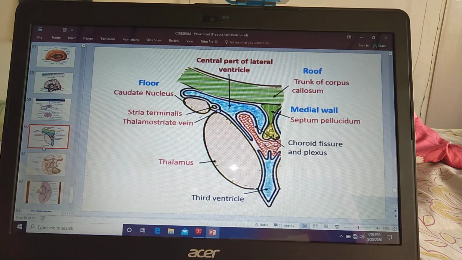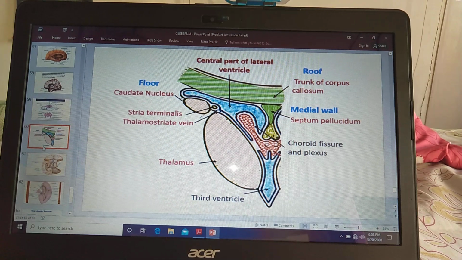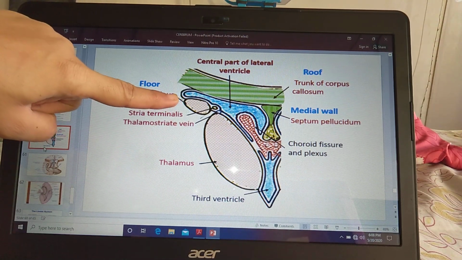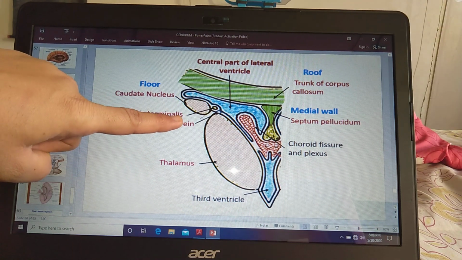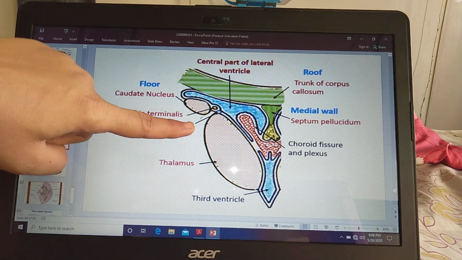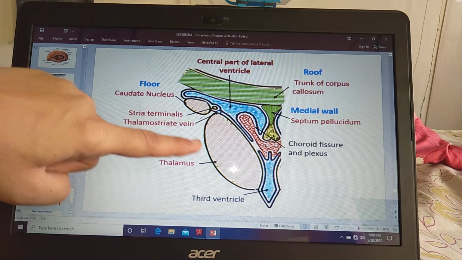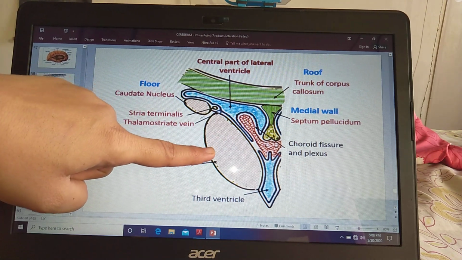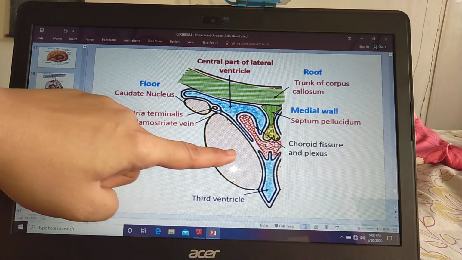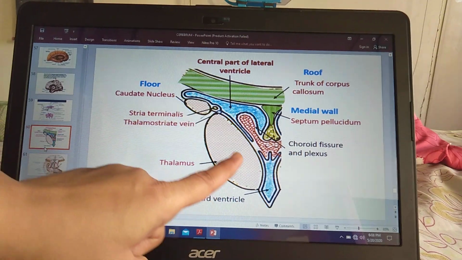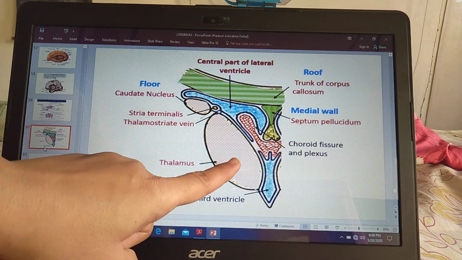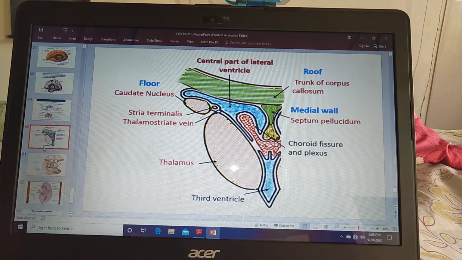Next, the floor is formed from the lateral to medial side by the body of the caudate nucleus, then the stria terminalis, thalamostriate vein and the lateral portion of the upper surface of the thalamus. These structures form the floor of the central part.